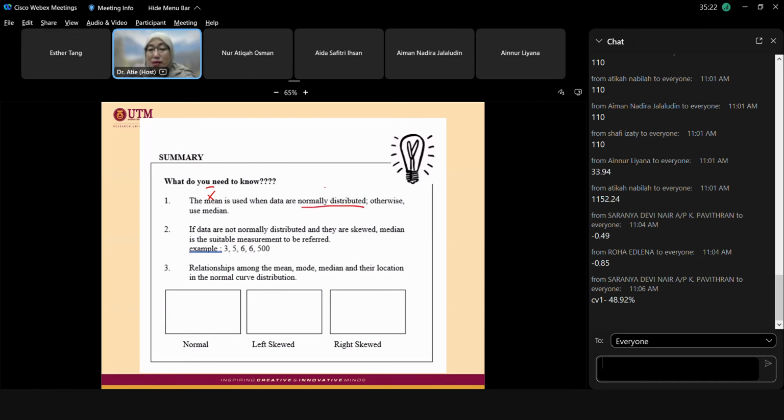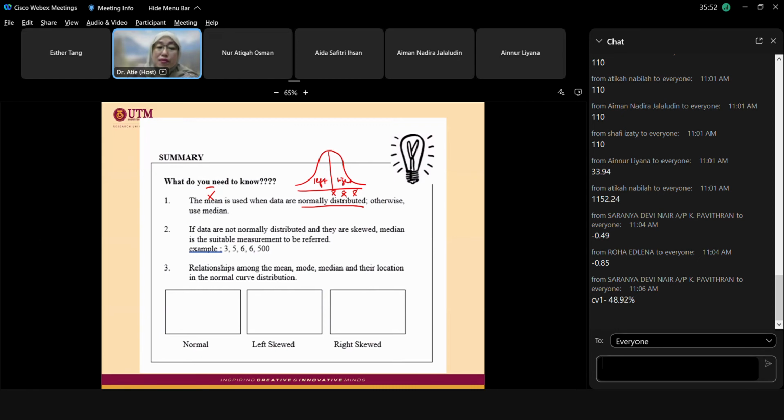What does normally distributed mean? When we draw the curve, it's balanced left and right, so the curve should be balanced or symmetric. If the data is normal, then the mean, mode, and median will be at the center. That's the reason we call it central tendency measurement.